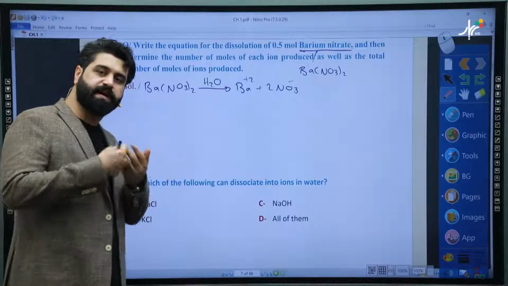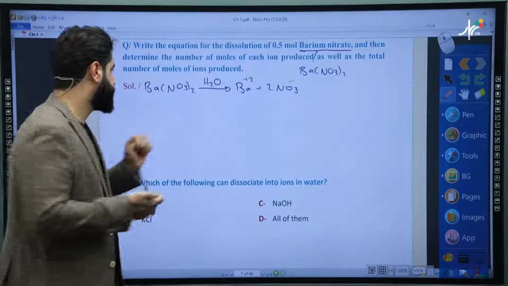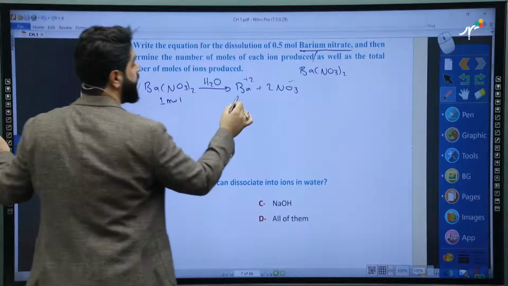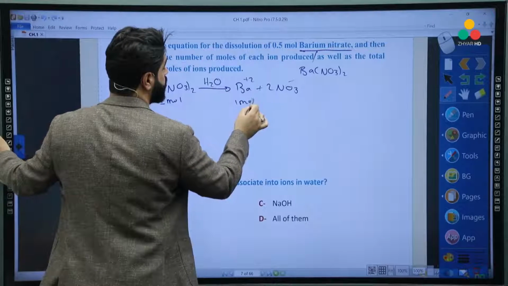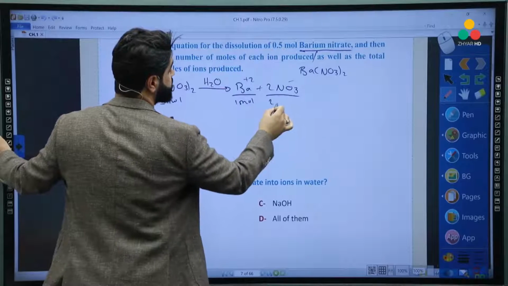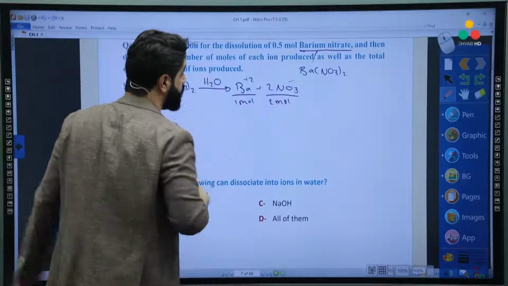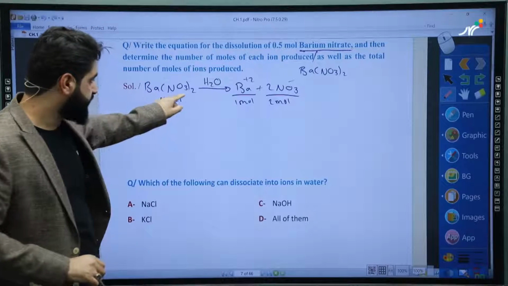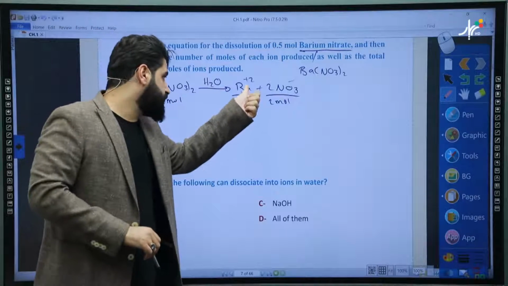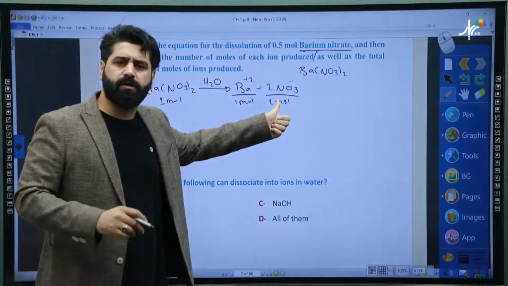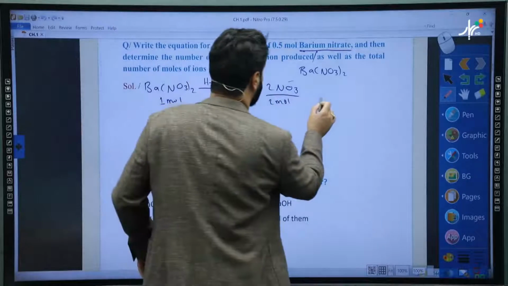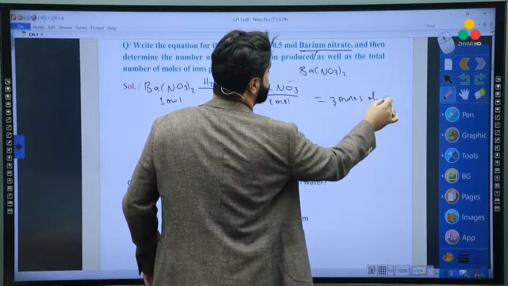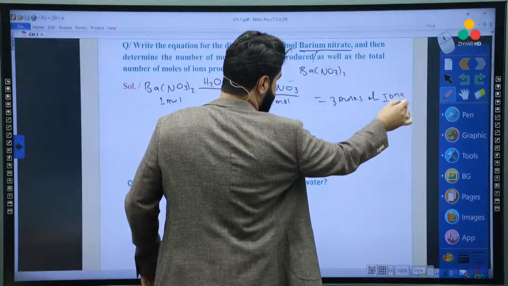Then make your calculation for this reaction. We have 1 mole of barium and 2 moles of nitrate. So if we dissociate 1 mole of barium nitrate, we get 1 mole of barium and 2 moles of nitrate. The total will be 3 moles of ions.